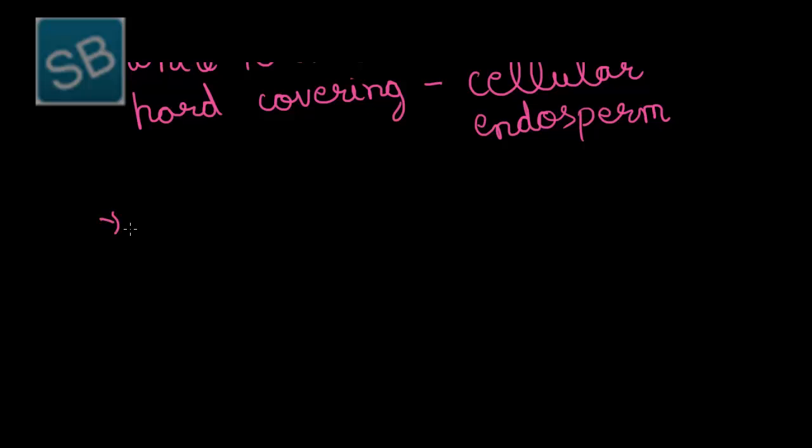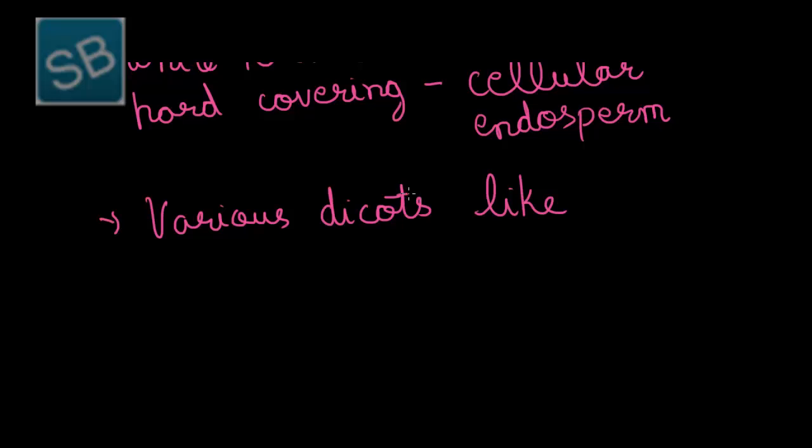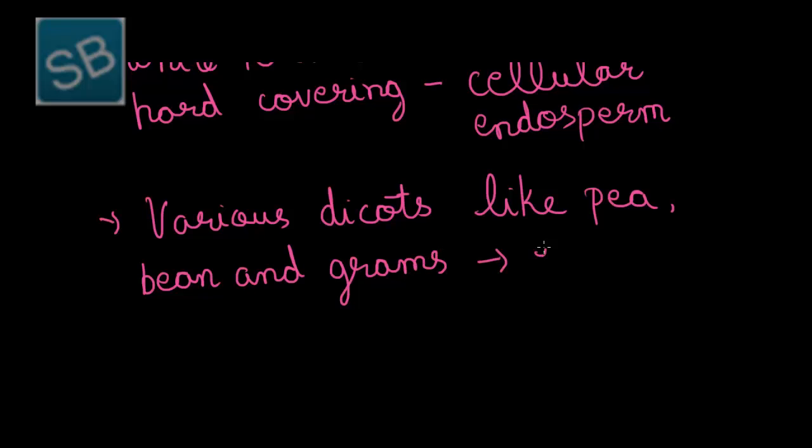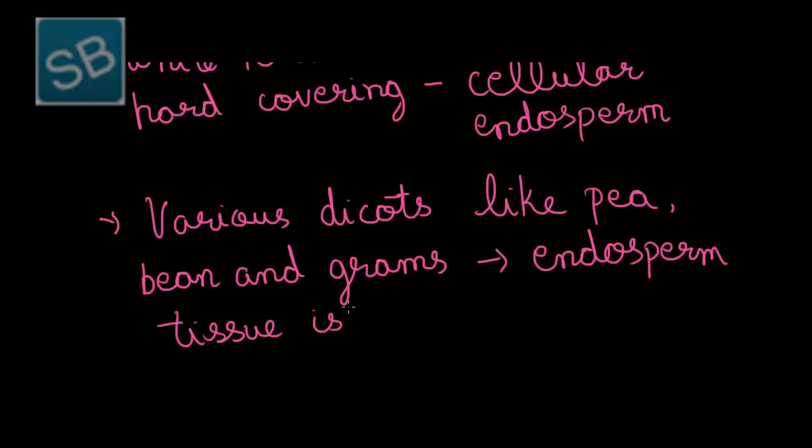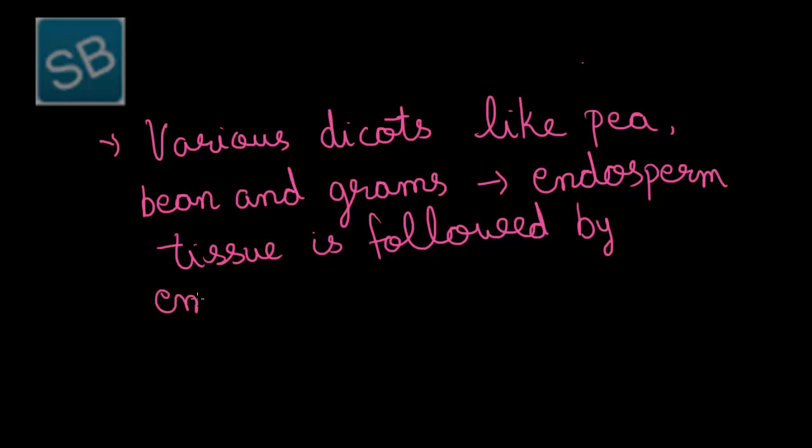For example, in various dicots, like pea, bean and grams, the endosperm tissue is immediately followed by the embryo development. That occurs just before the seed maturation.